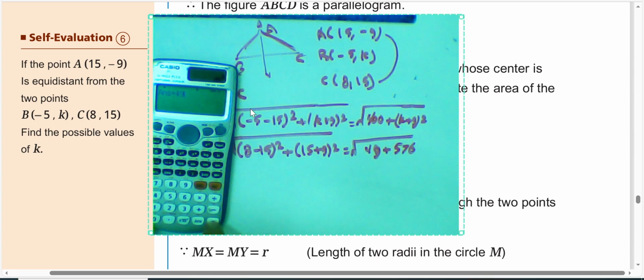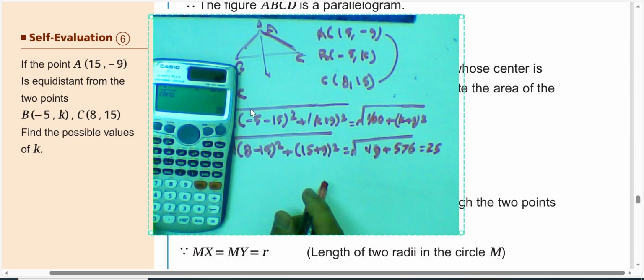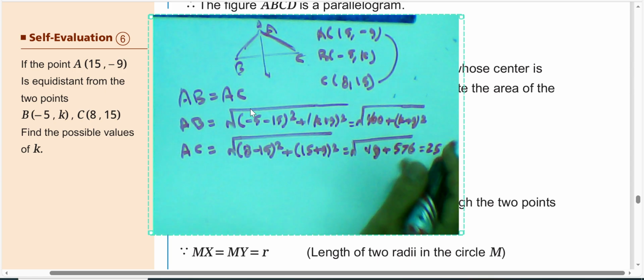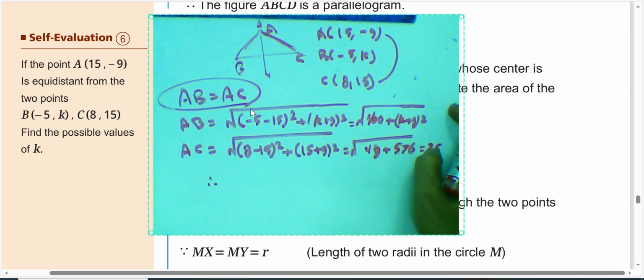Plus 49. Square root of the answer will be 25. 25 length unit. The left hand side equals right hand side, such that AB equals AC, then the results here are equivalent.